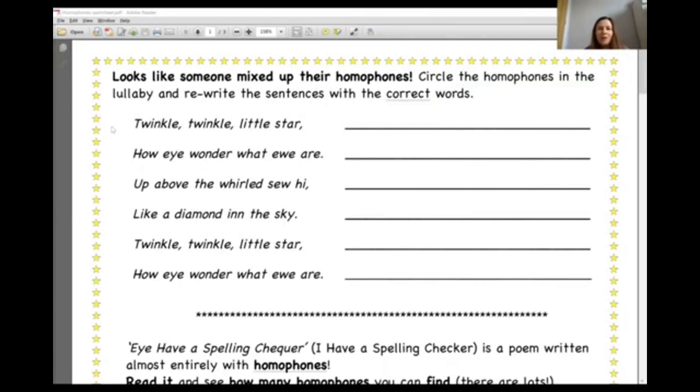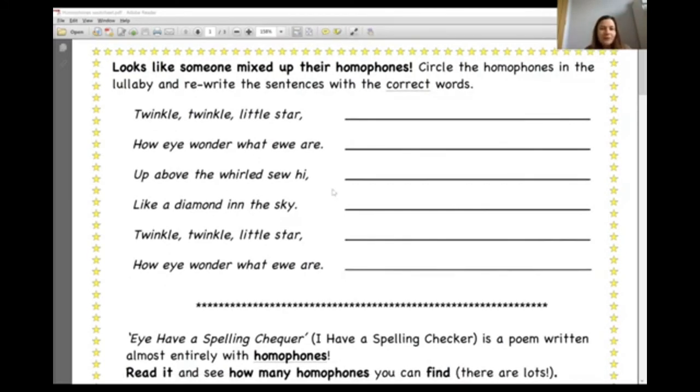So how, I wonder, is this how we write I when I mean I? No. What, you, how do you write you? You is you. Up above the world so high. So think about which of these words are written wrongly, and they use a different homophone for that word.